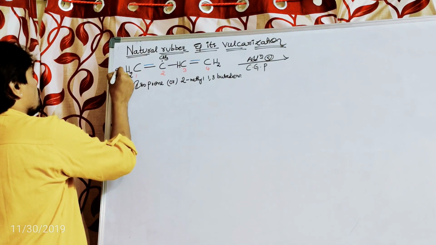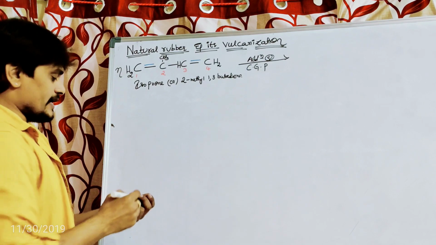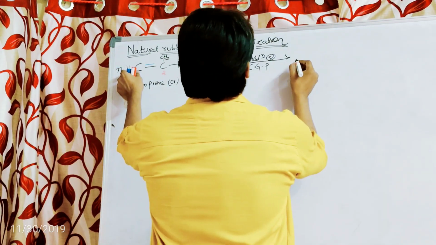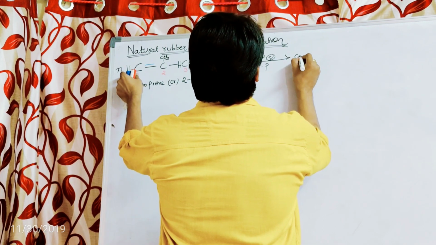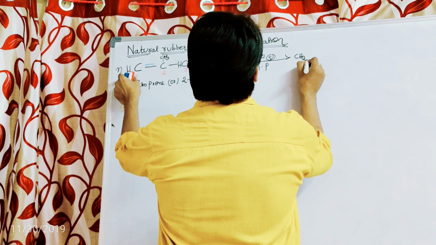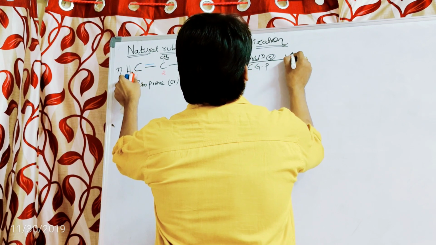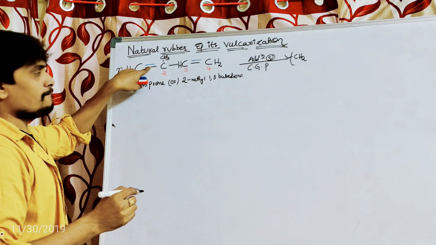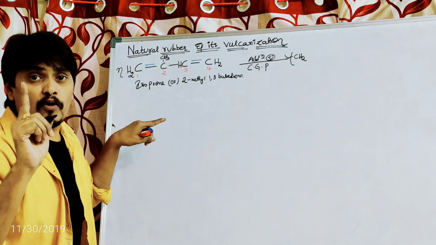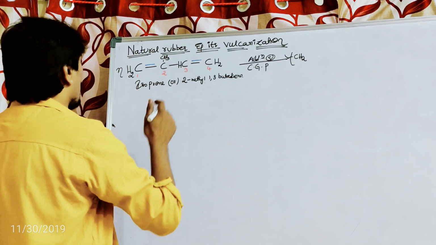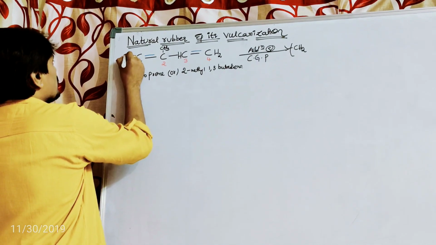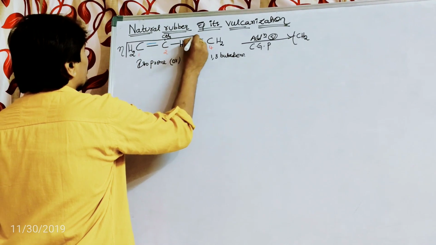So n number of molecules of this, with CH2, CH2 here. This double bond will convert to a single bond, and these are the bonds which are there in the plane.